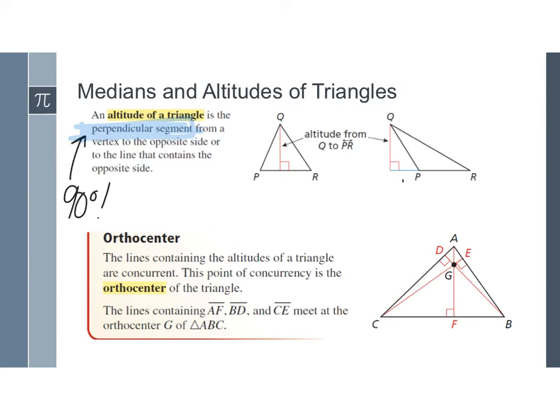Notice in this picture that our altitude can be inside the triangle or outside the triangle, and that's 100% okay. If we were to draw all the altitudes, they would meet at a point called the orthocenter. That's where the altitudes meet.